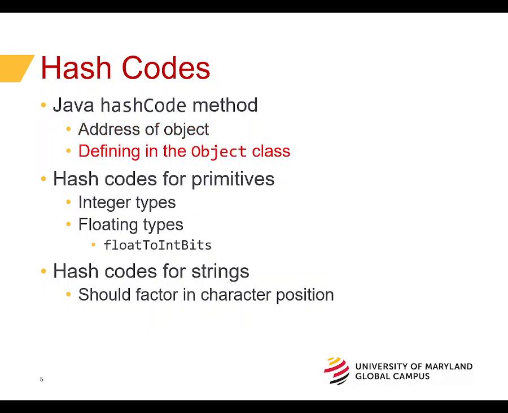It is defined in the Java object class, so it is available for any object. If the key is a primitive, that method is not available. If it is an integer type, the value itself can be used after folding or compressing it with one of the techniques that we just mentioned, or by using a custom hash function.